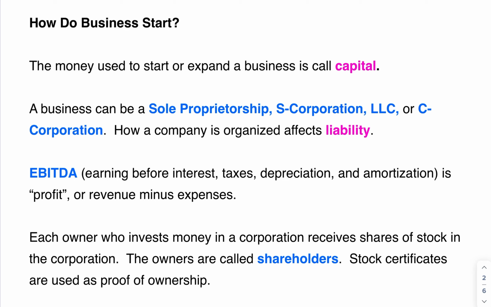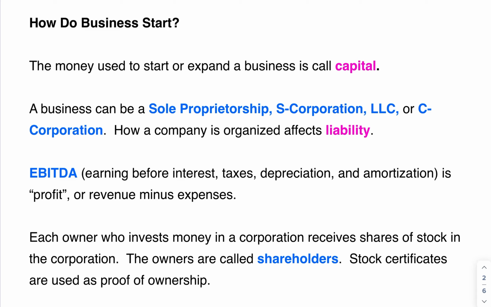With companies or organizations, there will be interest factored into it. There are taxes that they have to pay. There is depreciation involved in, let's say, equipment or machinery or computers, and then amortization. And so those are also computed to determine net profit.